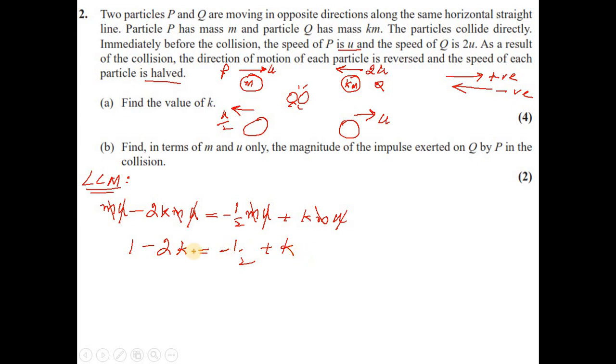Rearranging for k, 3k equals 3 by 2, so k would be equal to half. This is the value of k.